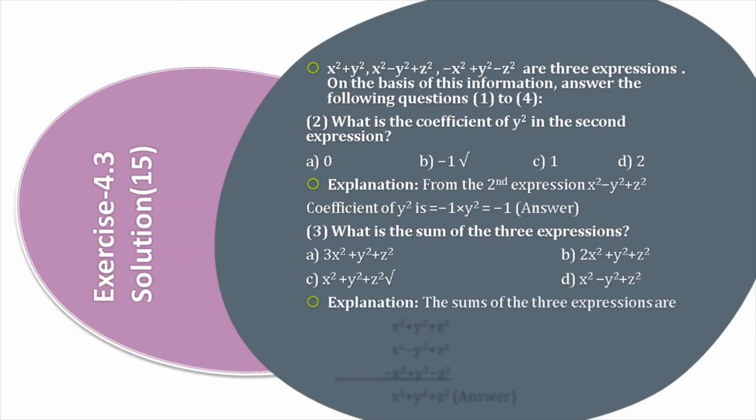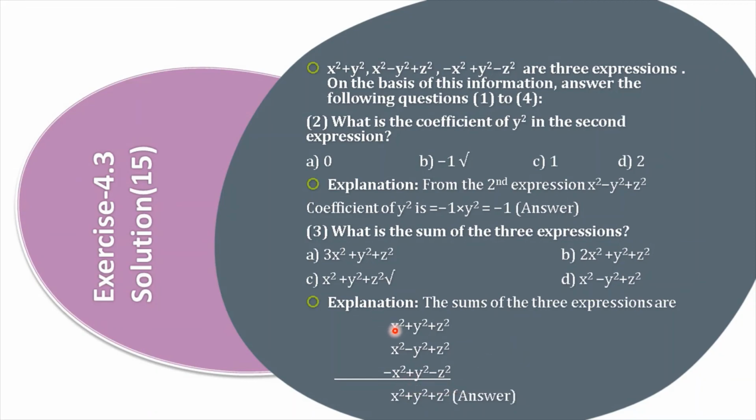The sum of the three expressions: arranging the similar terms or similar variables one by one, we can get x square plus y square plus z square, then x square minus y square plus z square, minus x square plus y square minus z square. As you can see the answer, x square plus y square plus z square. How can we get it?